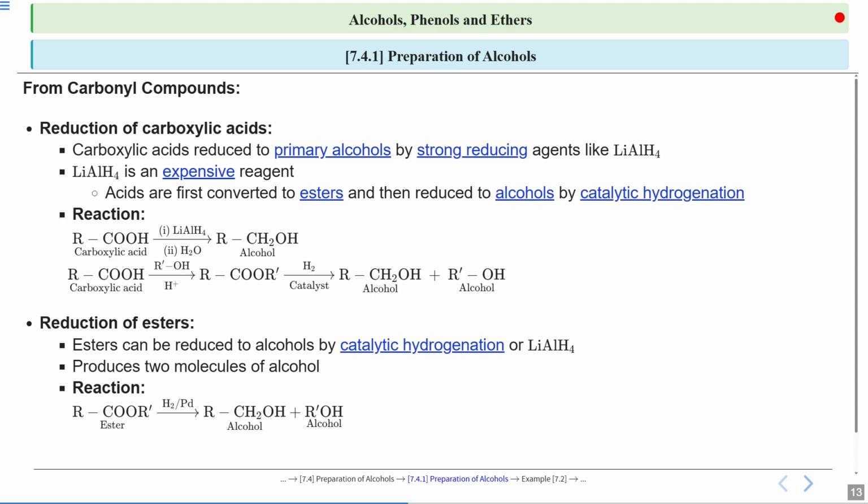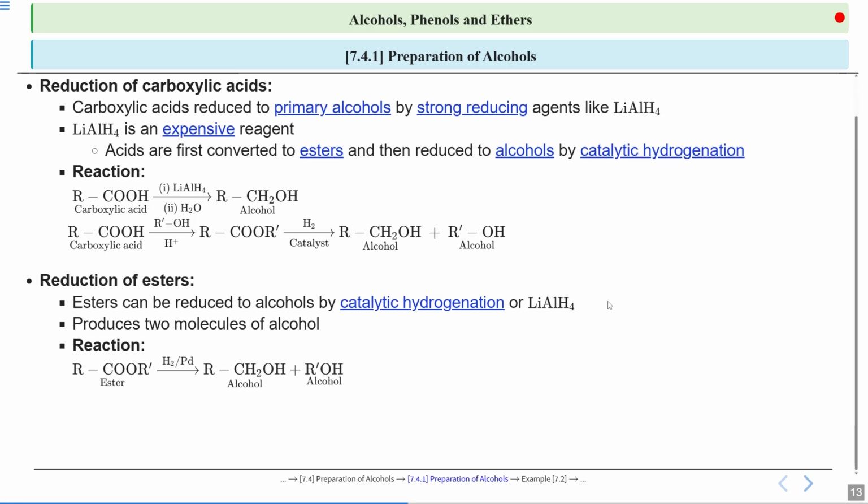When it reacts with hydrogen in the presence of palladium to do the catalytic hydrogenation, or this can also happen in presence of LiAlH4, you will get two molecules of alcohols, RCH2OH plus R prime OH. One is from the R alkyl group and another alcohol is from R prime alkyl group. So you will get two molecules of alcohols.